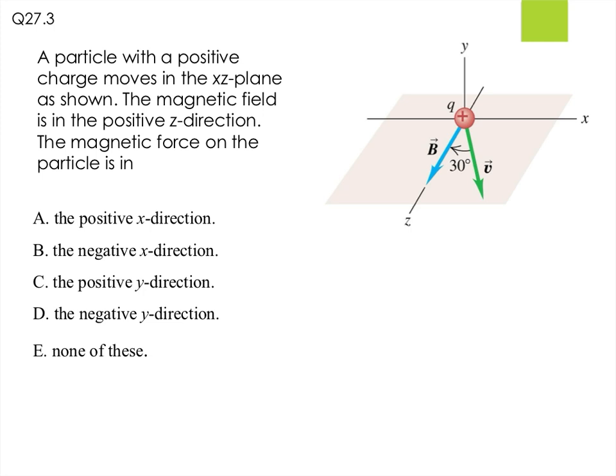I find I have to rotate my hand around in order to have my hand oriented so that I can actually curl towards the B. And that ends up having my thumb pointing down when I do that. So V cross B is down, and because Q is positive, force is down as well.